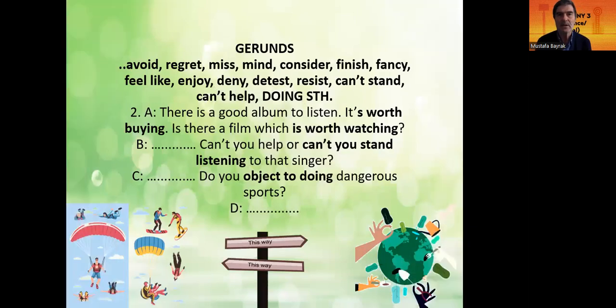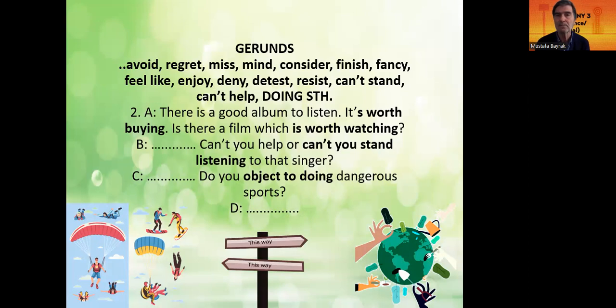Now, let's take a look at the gerunds to remember. Avoid doing something, being something, having something. Regret doing something, being something, having something. Miss, mind, consider, finish, fancy doing something, being something, having something, feel like doing something, having something, being something. Yeah, this is also important.